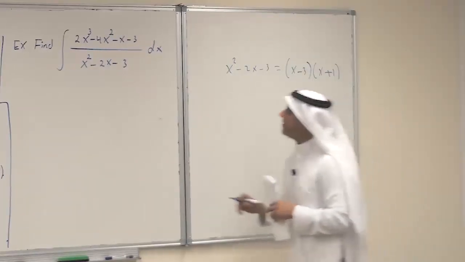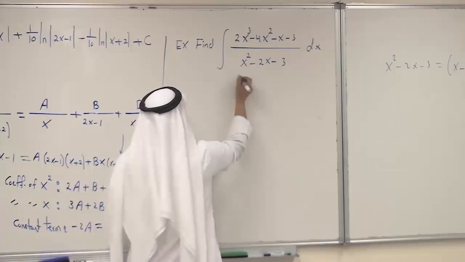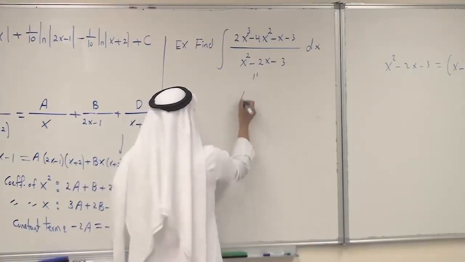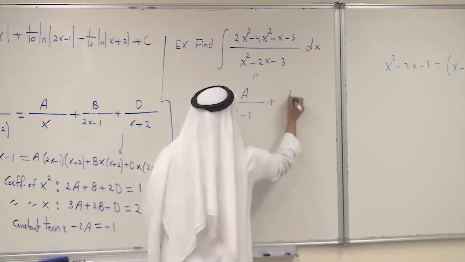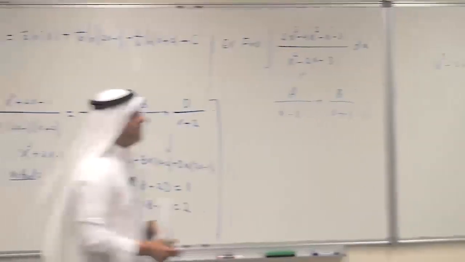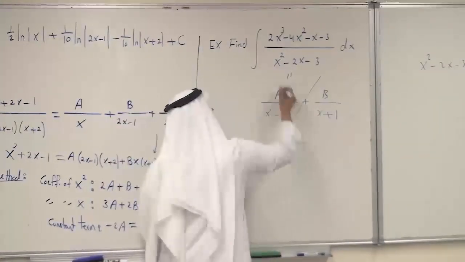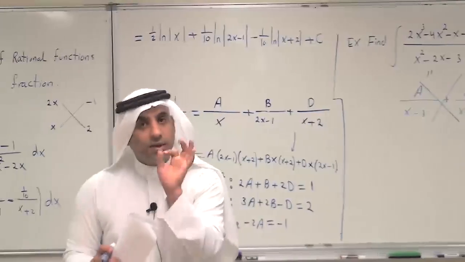So he will start writing the decomposition form to be equal to A divided by x minus 3 plus B divided by x plus 1. And this is totally not correct. Why? Because don't forget our assumption here.